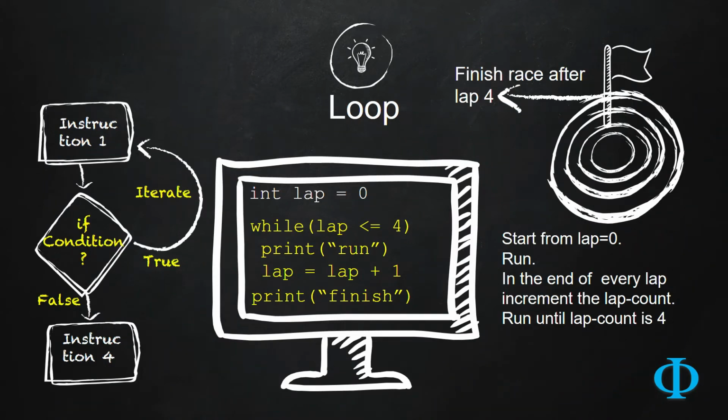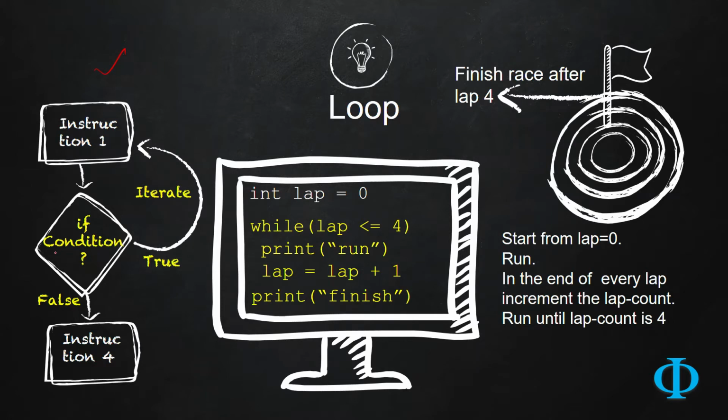Now we are going to learn about the next control structure, which is called loop. As the name suggests, here the program starts looping, meaning it repeats a set of instructions based on the truth value of some condition. The left hand side picture can help you understand what is happening.